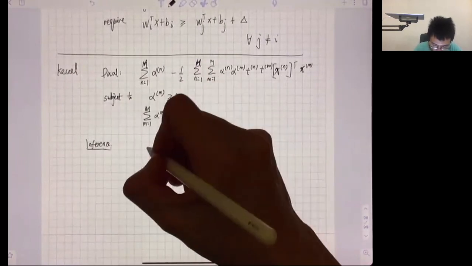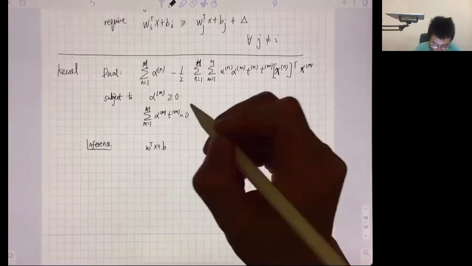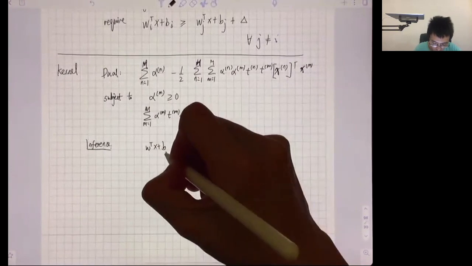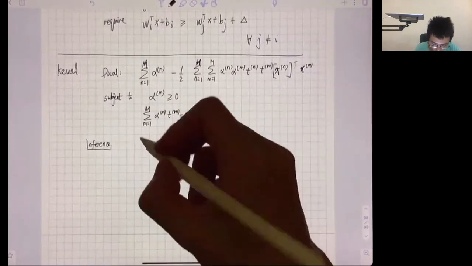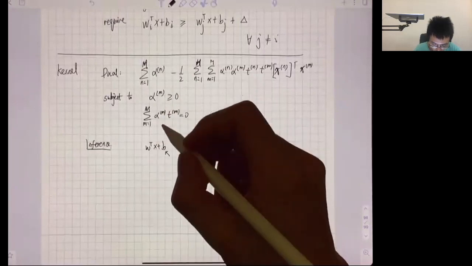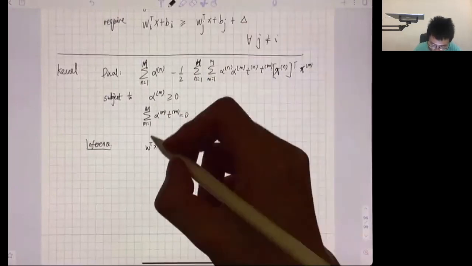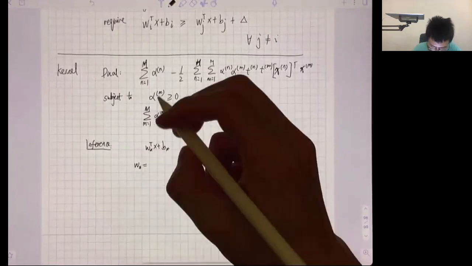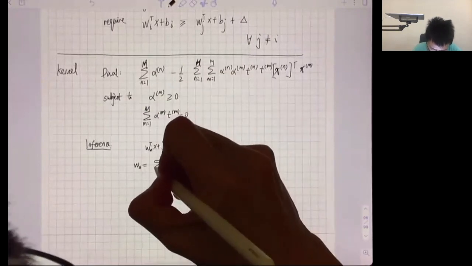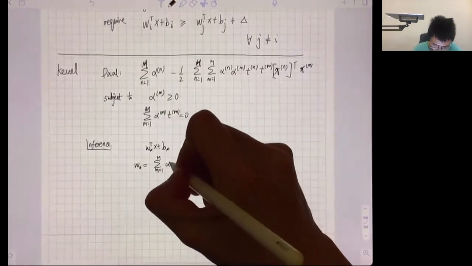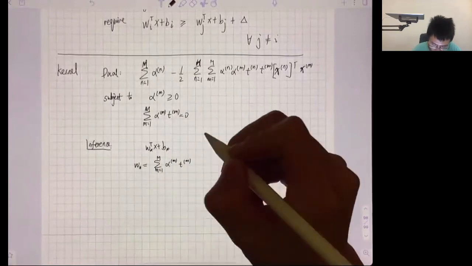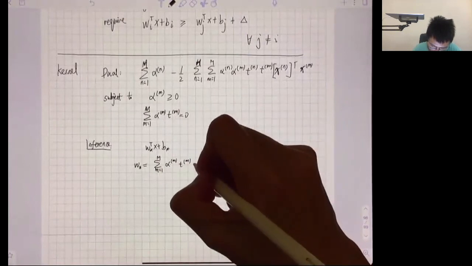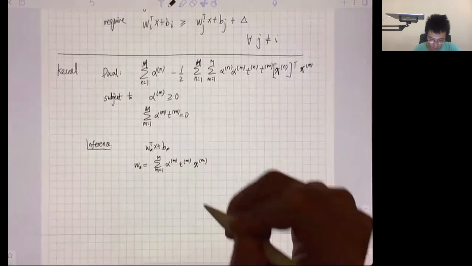And the inference is the decision boundary, W transpose X plus B, and B is kind of a constant factor, right? But W is the summation over m, alpha_m t_m x_m, right?